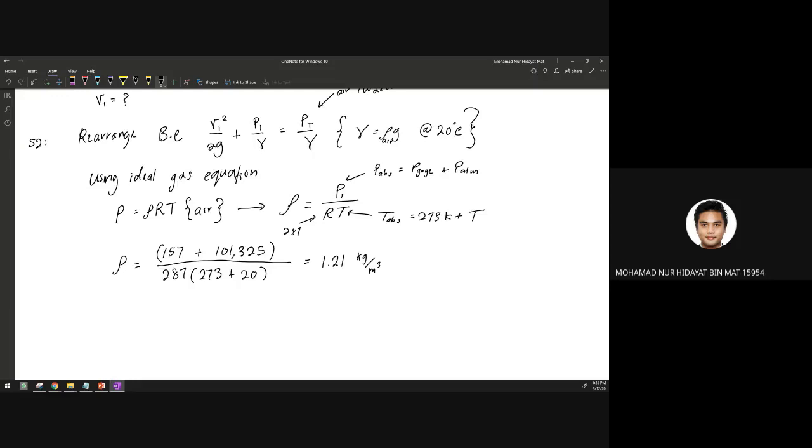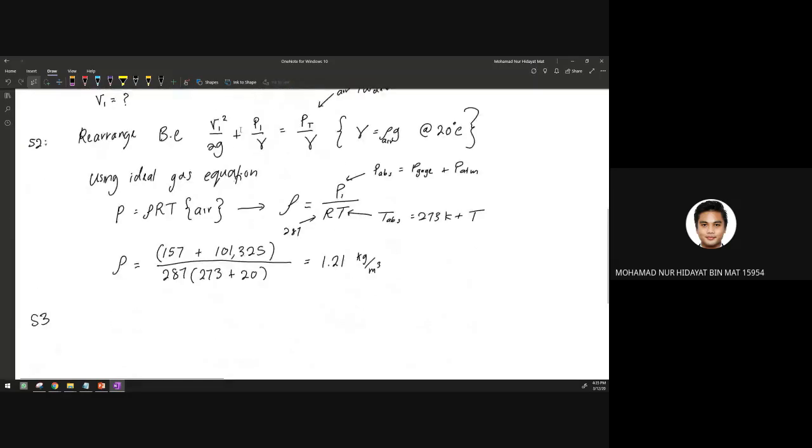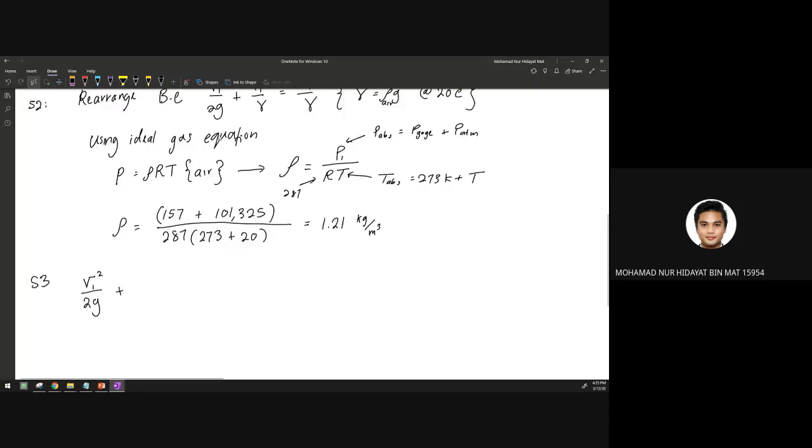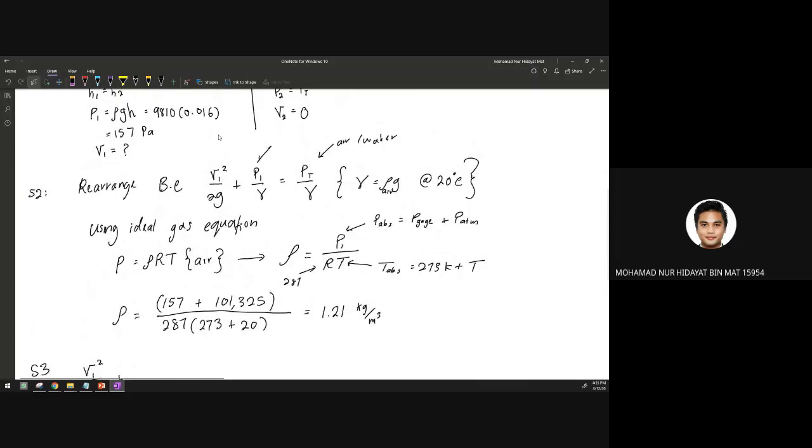So in order to get the velocity, step number 3. Now we go to the final part. Using the rearranged equation, this is the velocity we need to find, over 2g plus pressure at 1. What is the pressure at 1? Remember, this is not absolute.